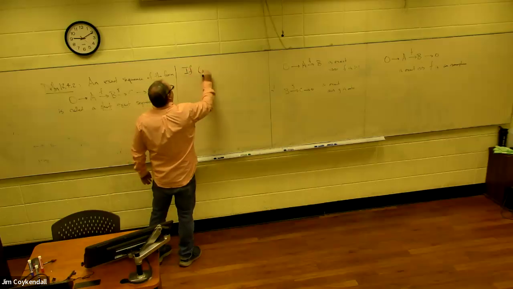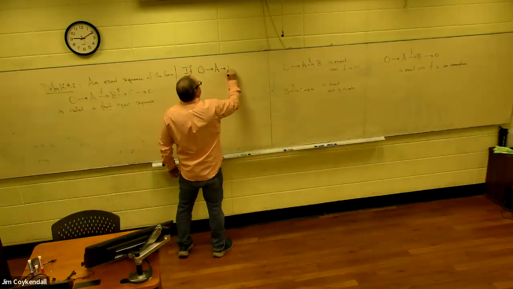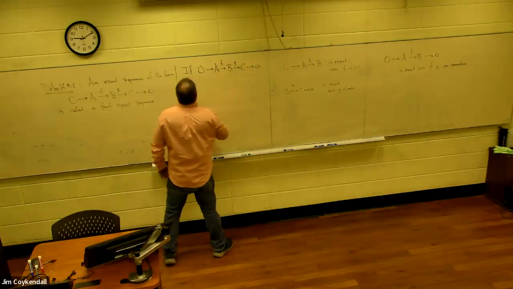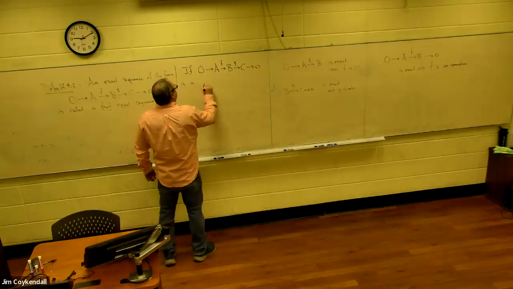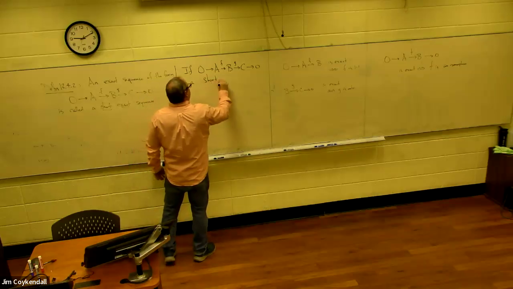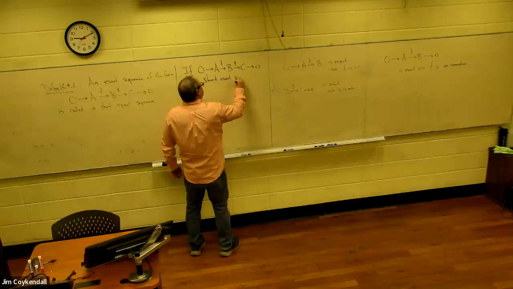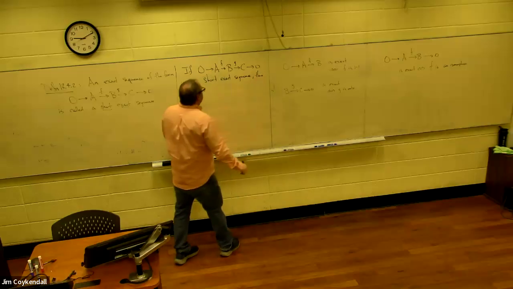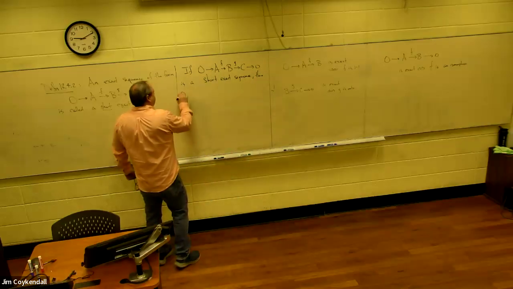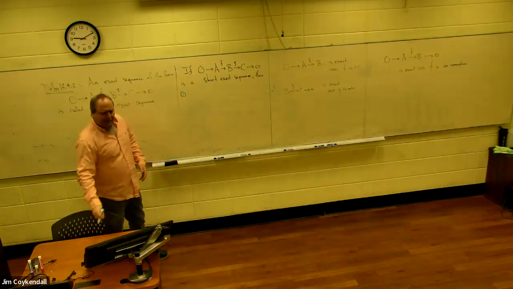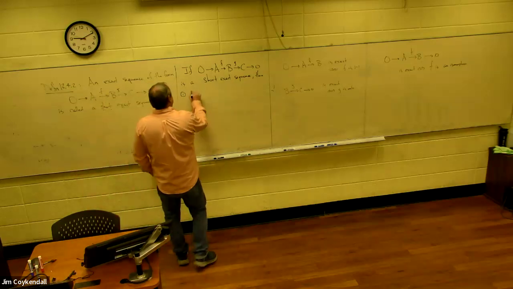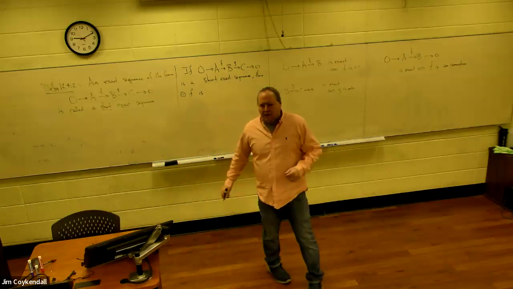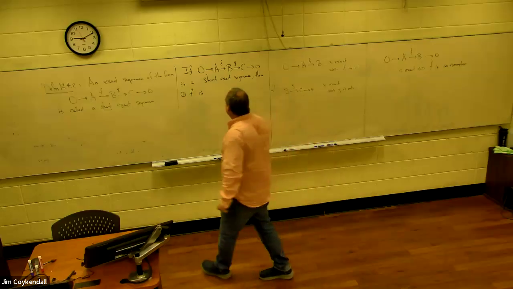If this is a short exact sequence, then number one, and this characterizes it in a certain sense, F is 1 to 1.